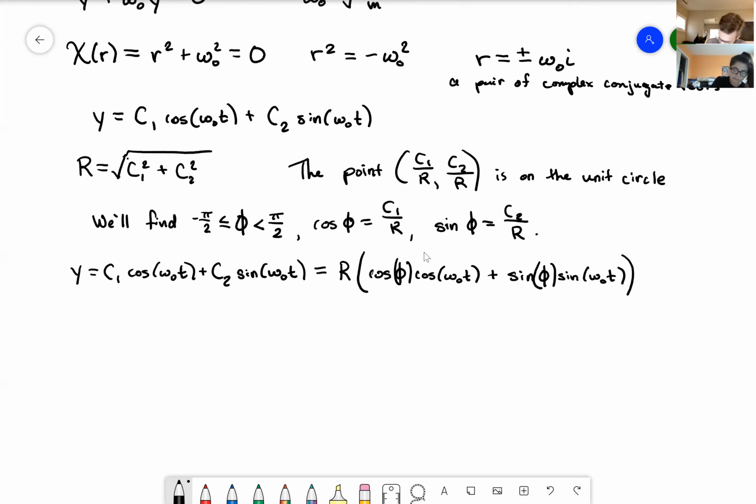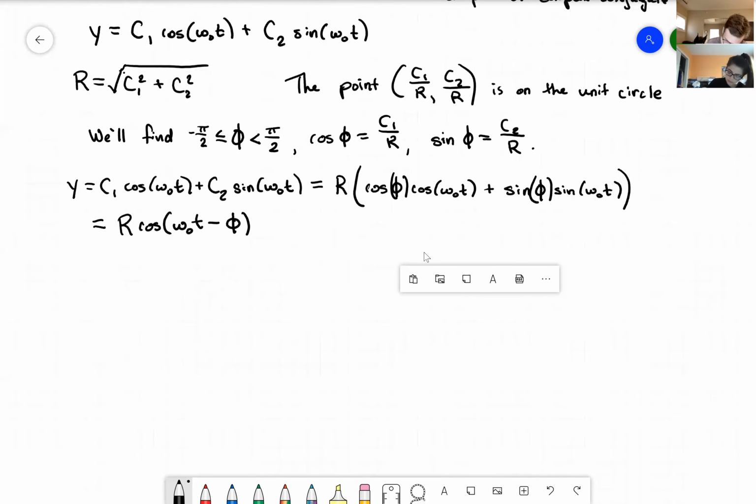If we multiplied through by R, we would just get C1 and C2 back. Now we'll use a trig identity, the sum and difference angle identities, to rewrite this as R times cosine of omega 0 t minus phi. That's using this trig identity.